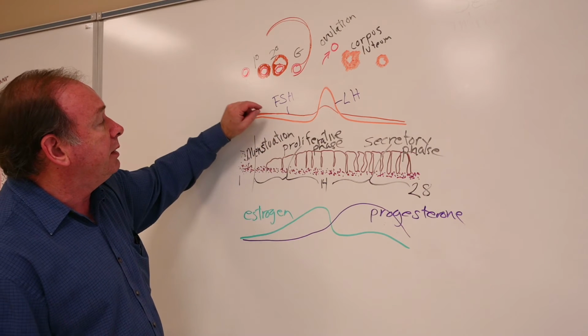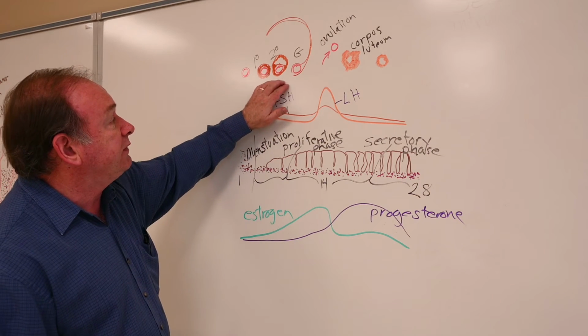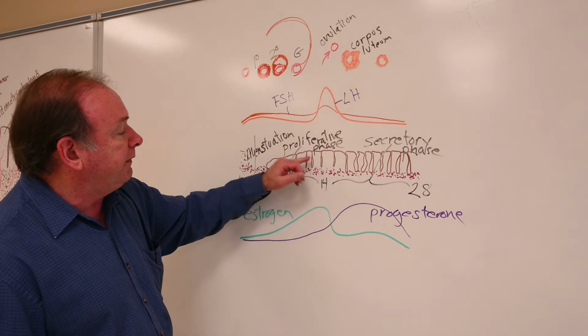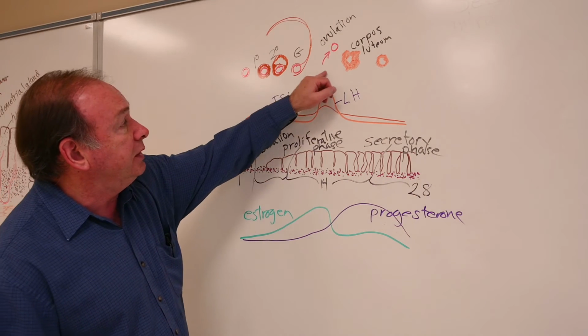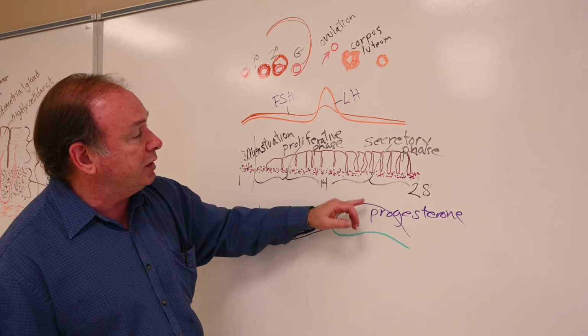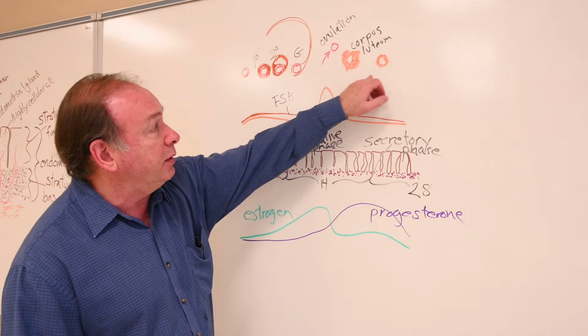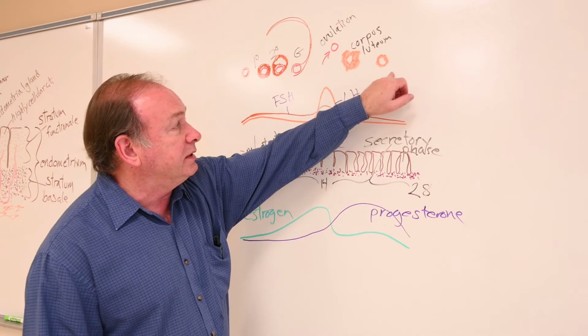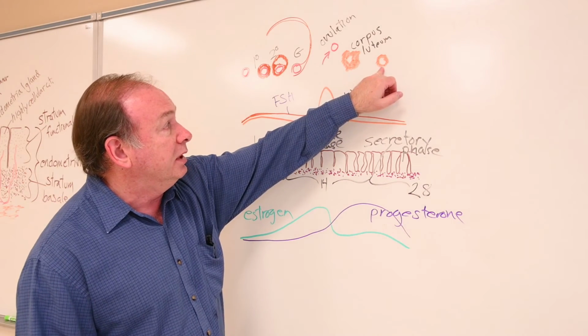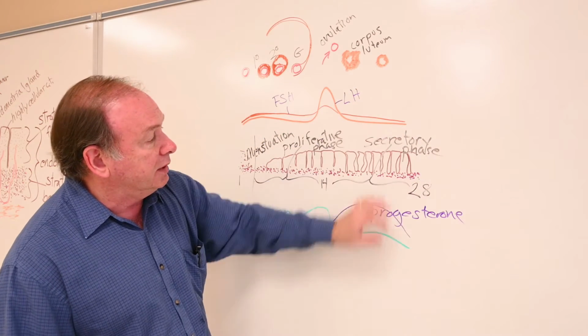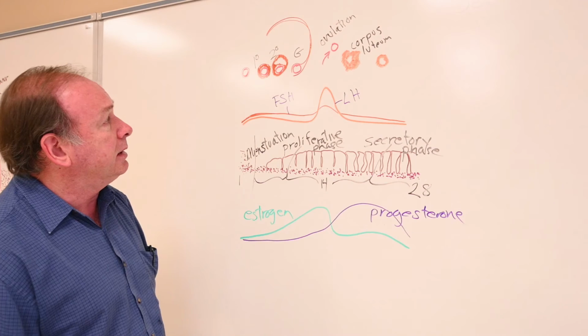We'll go over that here in a bit. It's important to know that these follicles produce estrogens that result in the proliferative phase, and then after ovulation, the corpus luteum is producing more progesterone that allows for the secretory phase, and it's the lack of progesterone at the end of the cycle here as these tissues decline. The corpus luteum goes away, that results in the loss of that endometrial lining.